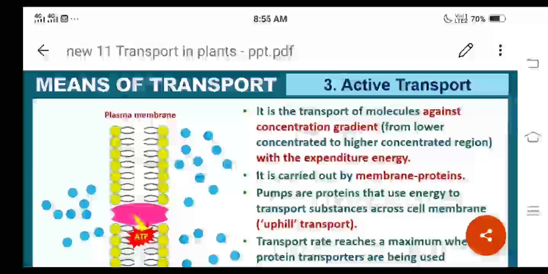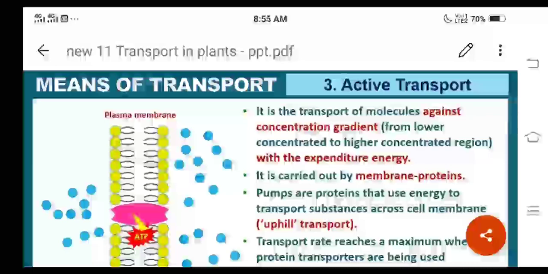Here we can give one example, like pumps. Pumps are also nothing but proteins only. Pumps are proteins that use energy to transport substances across a cell membrane. That use energy means they will use ATP molecules only.